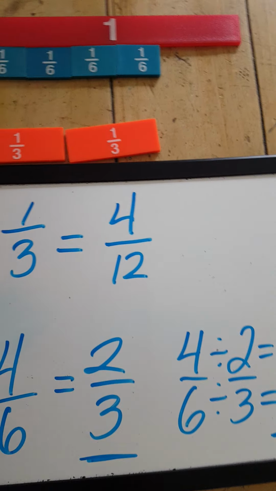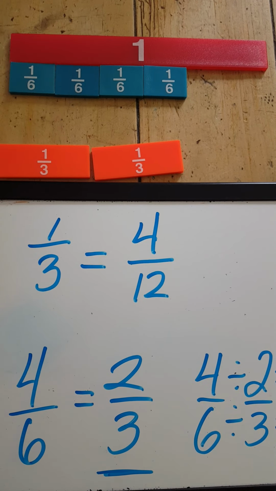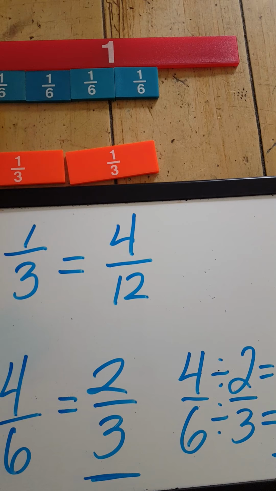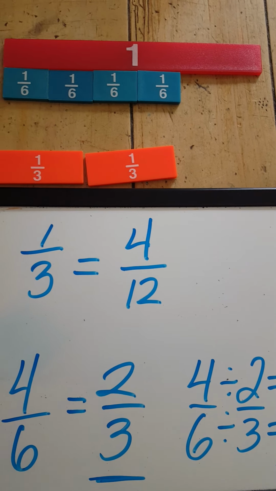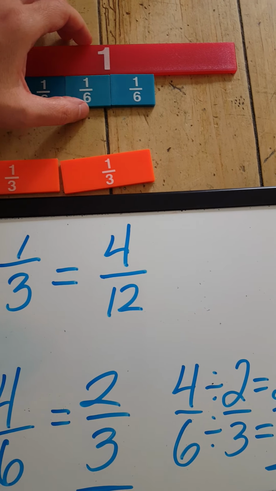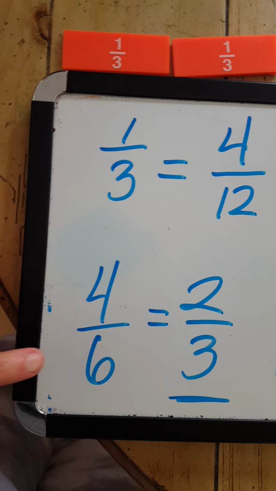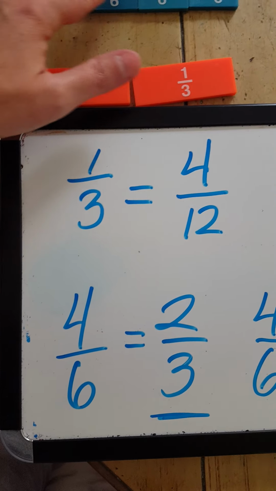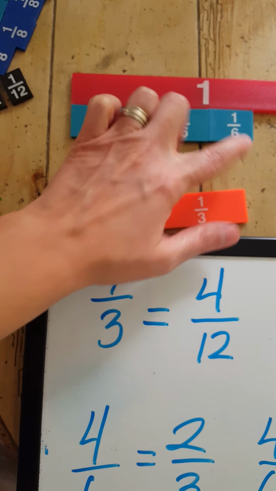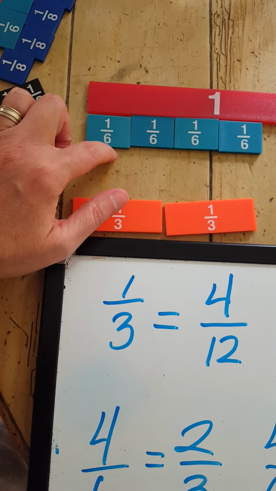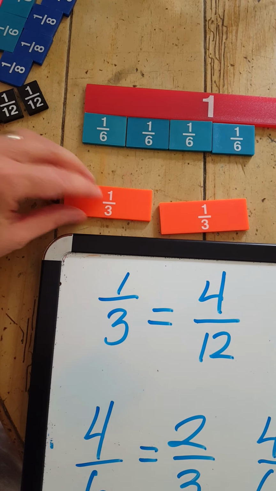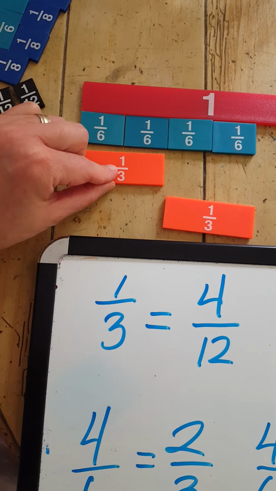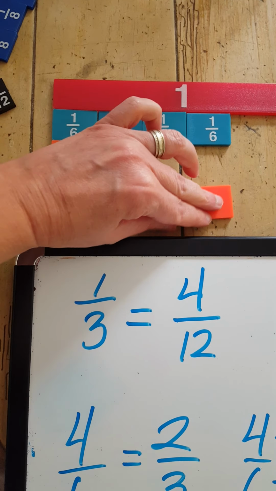Okay, so let's look at one more here. I want to show you two different ways to get these numbers, all right? So let's say we're starting with the fraction 4/6, okay? We have our 4/6 up here in our area, right? And let's see. One way we can find an equivalent fraction is we can add these 1/3 pieces.